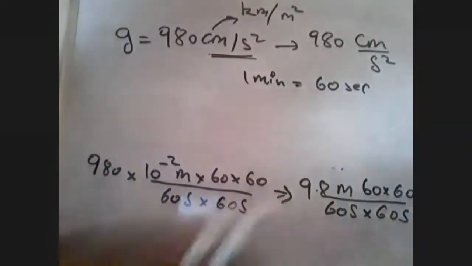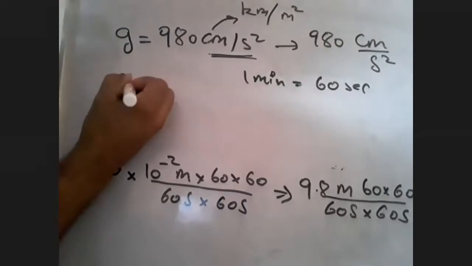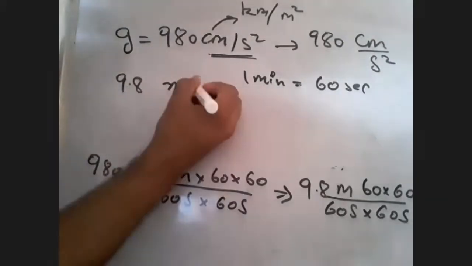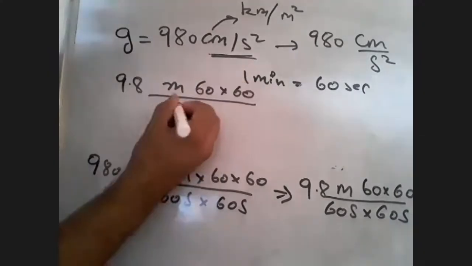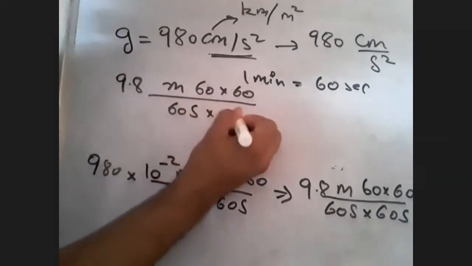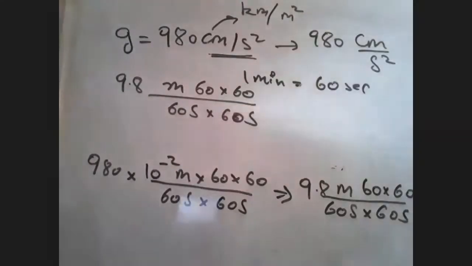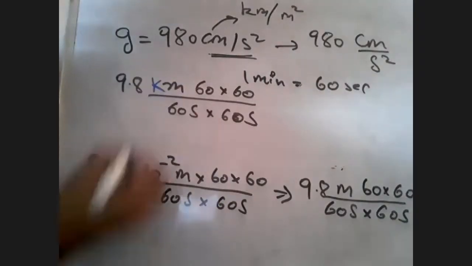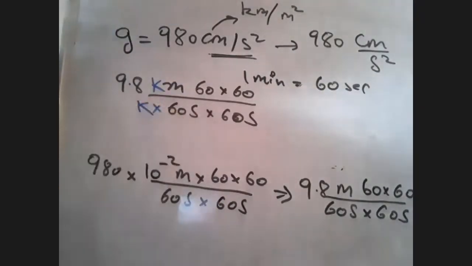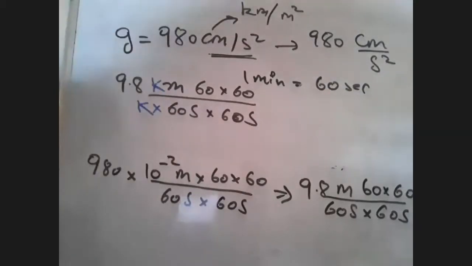The same thing I write as 9.8 meters, and this was 60 into 60, upon 60 seconds into 60 seconds. If I multiply and divide it by k, what is k, students? K is 10 raised to 3, isn't it?